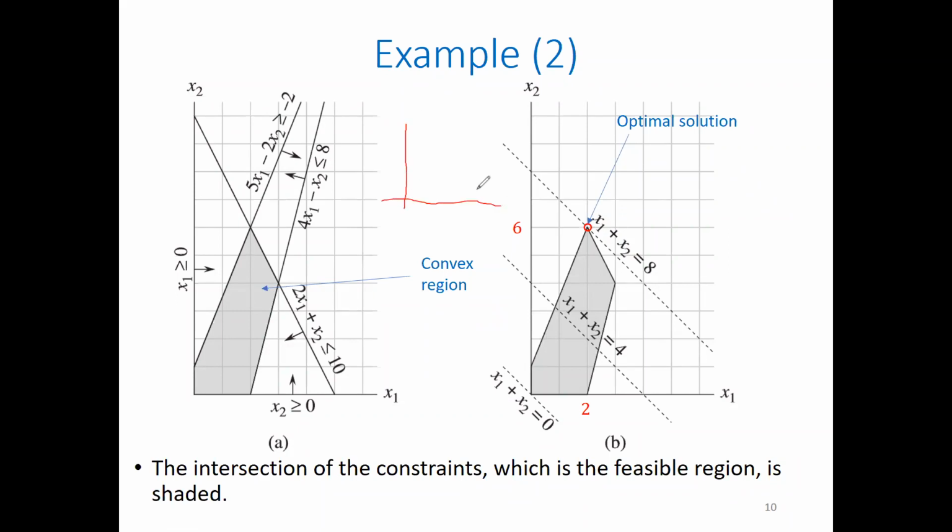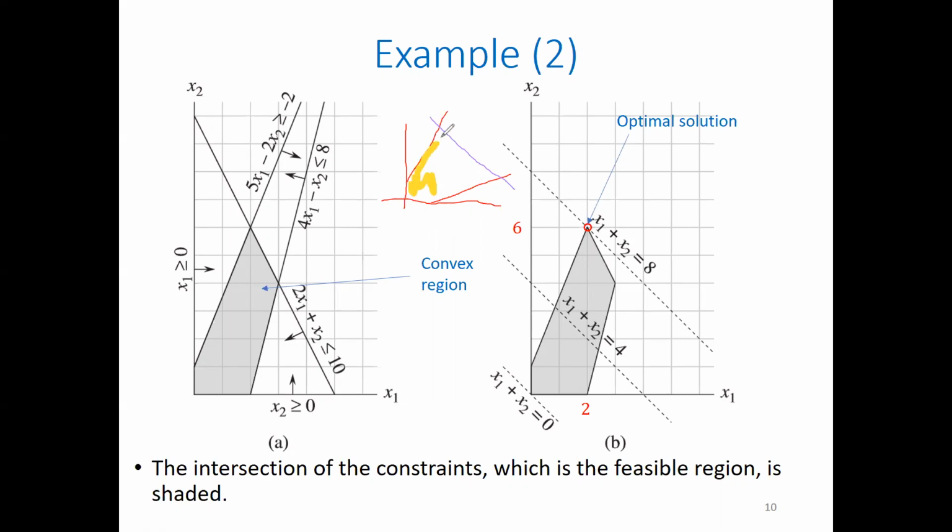Assume you have a graph like this. You have one constraint here, and another constraint going like this. If this purple line is removed, you see that every point, how do I shade now? I would like to shade this area.